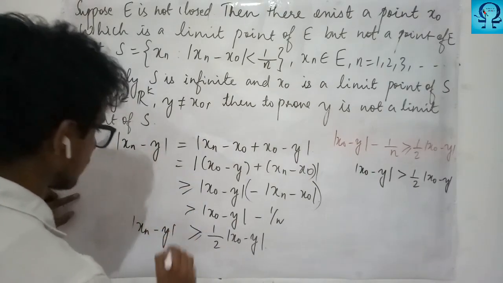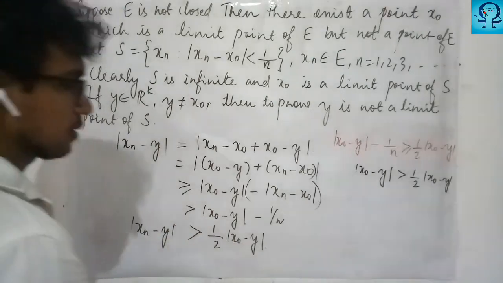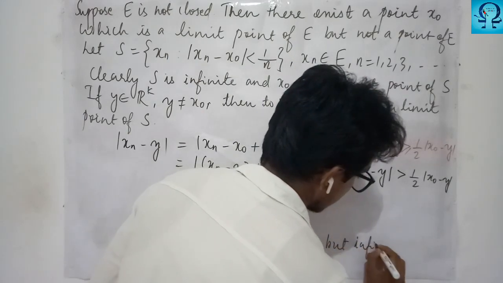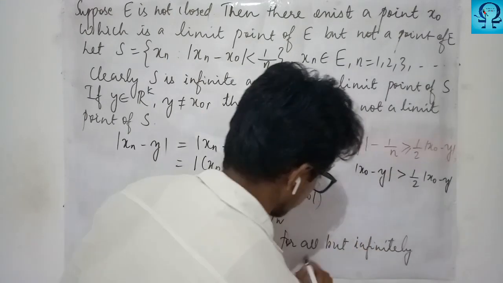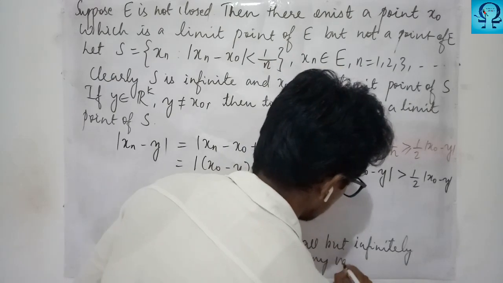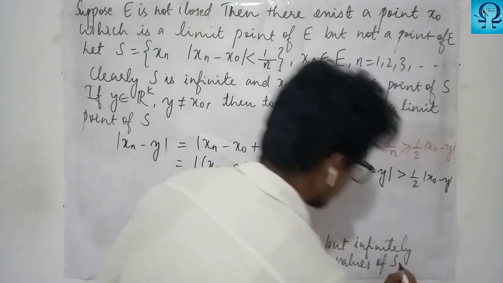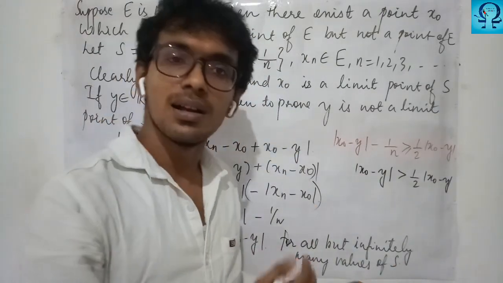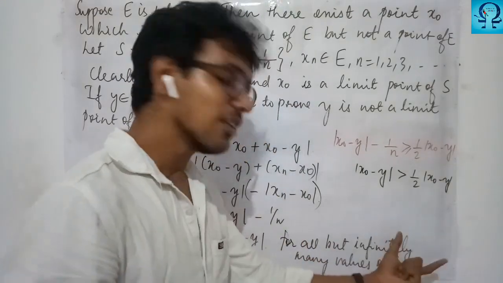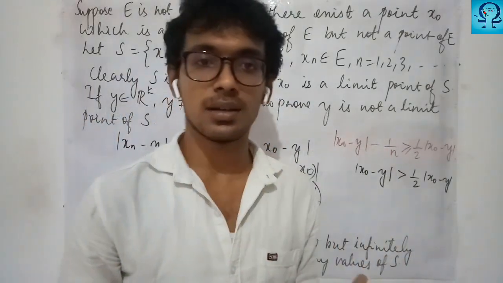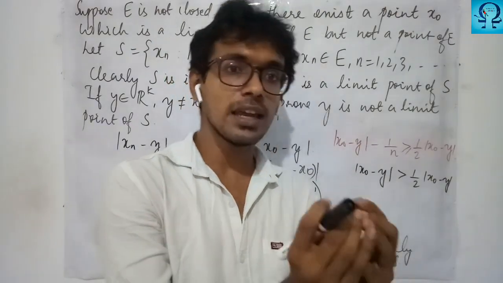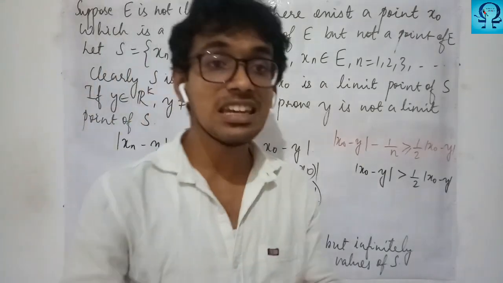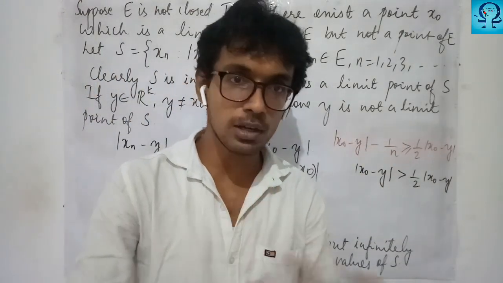Your absolute of xn minus y is bigger than this thing for all but infinitely many values of s. What do we mean by for all but infinitely many values of s? It is not true for all, but infinitely. That tells you what? For only a finite number of terms it is going to be true. Okay, for an infinite number of terms it is not going to be true.